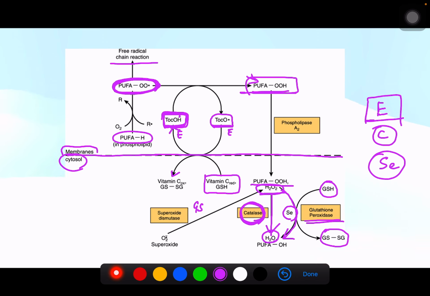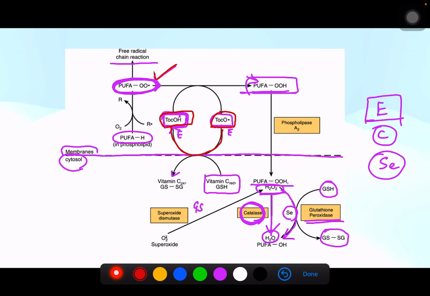Now the free radical which is formed, the lipid peroxide radical, is acted upon by the antioxidant alpha tocopherol. In this process, the alpha tocopherol gets converted to a radical.